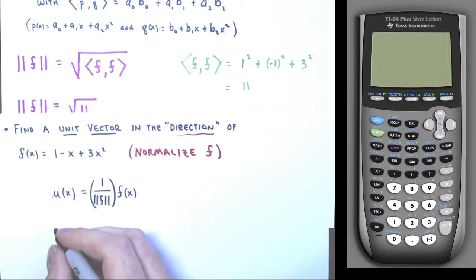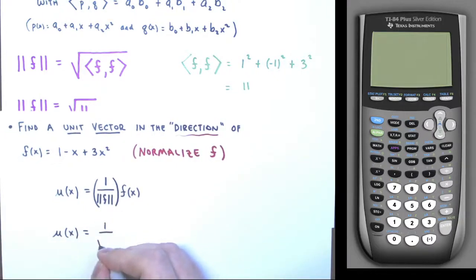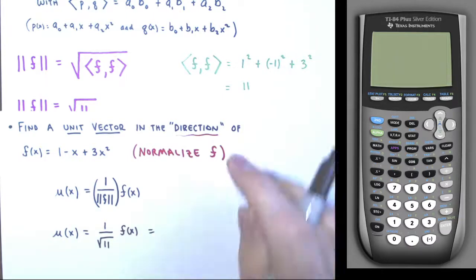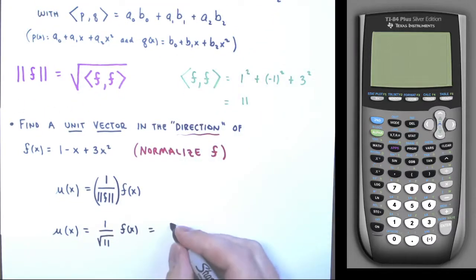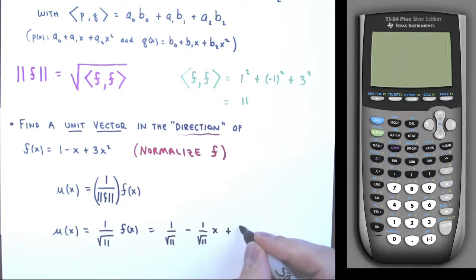So the polynomial I'm looking for, I'll call it u of x for a unit vector, is 1 over the square root of 11 times f. And if I multiply that out, that's just 1 over the square root of 11 for the constant minus 1 over the square root of 11 times x plus 3 over the square root of 11 times x squared.